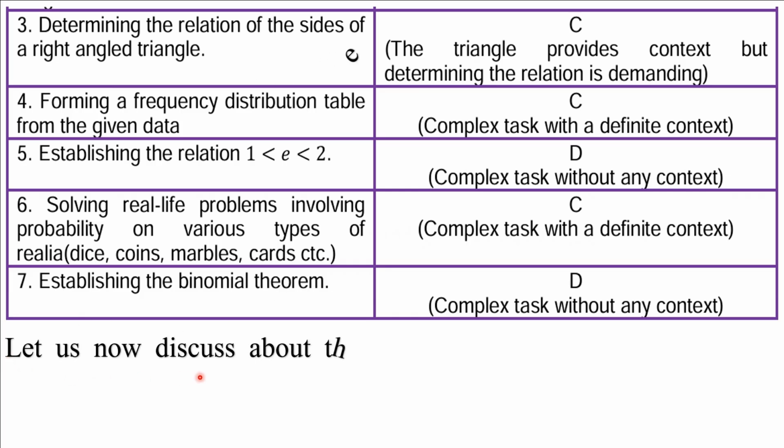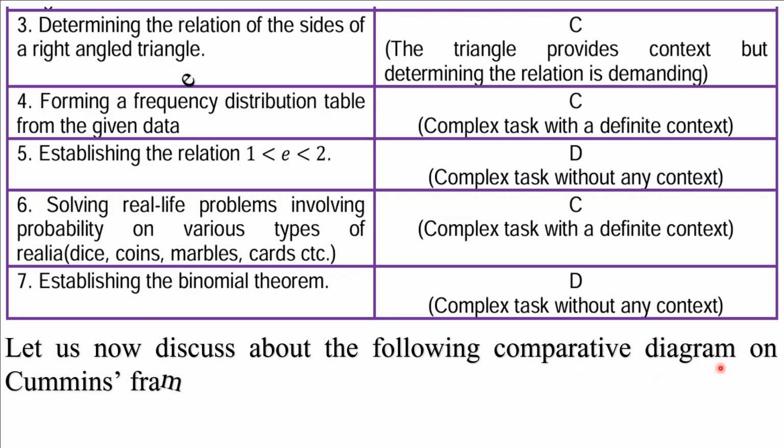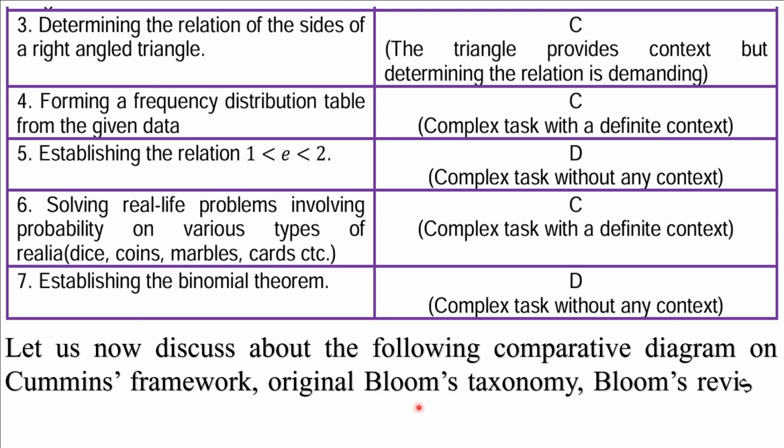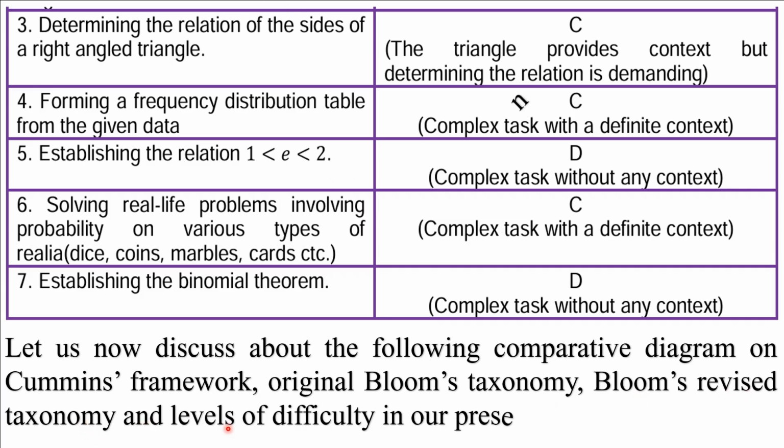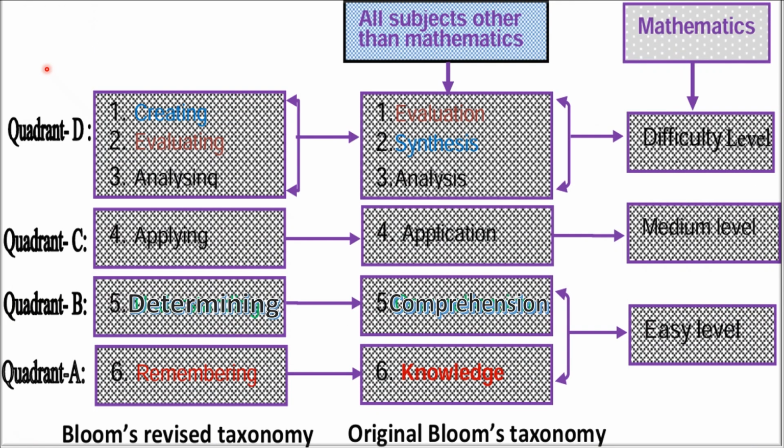Let us now discuss the following comparative diagram on Cummins framework, original Bloom's taxonomy, Bloom's revised taxonomy, and levels of difficulty in our present curriculum. These thinking skills, Bloom's revised taxonomy; these thinking skills, original Bloom's taxonomy.